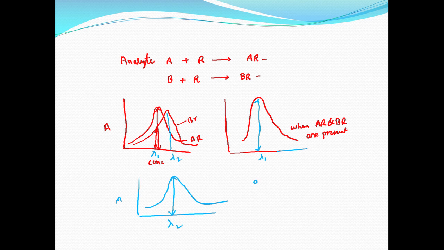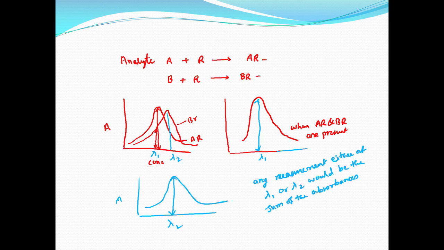So, any measurement either at lambda 1 or lambda 2 would be the sum of absorbances of AR and BR. This is the problem.